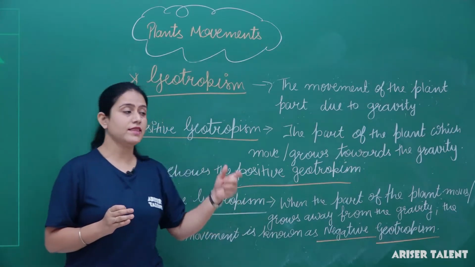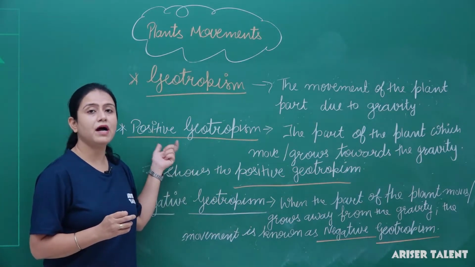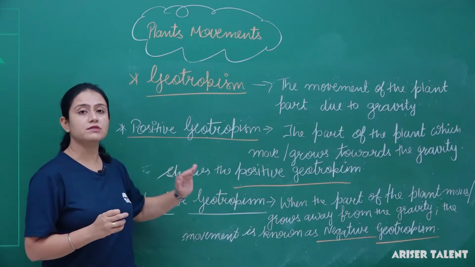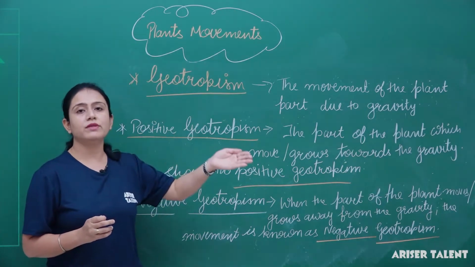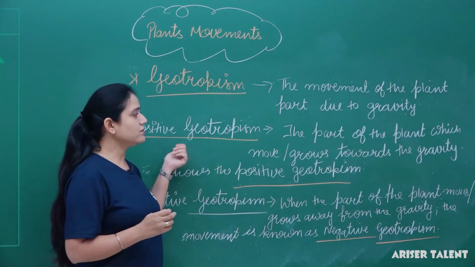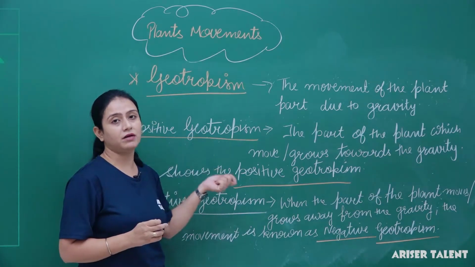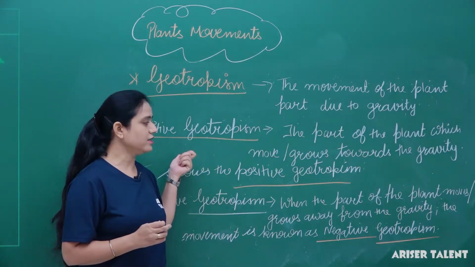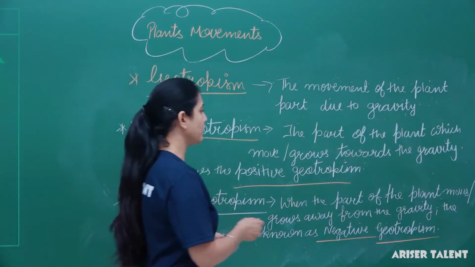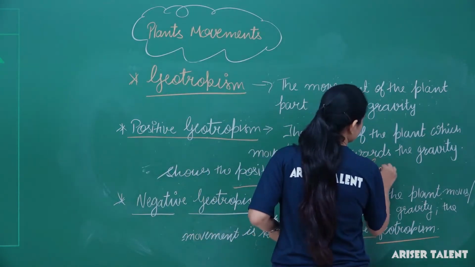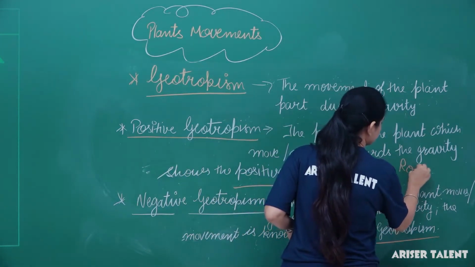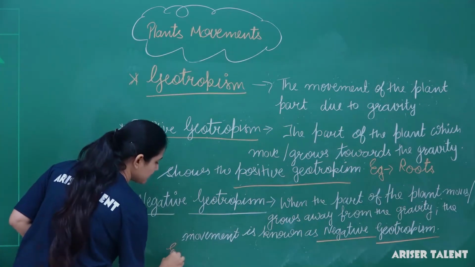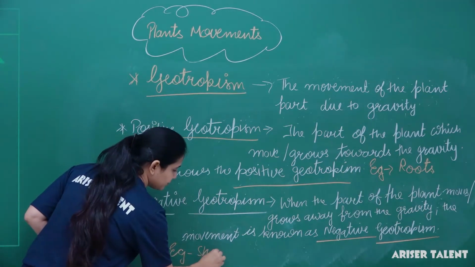Thus we can say that the shoot shows negative geotropism because it is growing away from the gravity, and positive geotropism means the part of the plant, the roots, grows towards the gravity. So examples of positive geotropism are roots, and of negative geotropism, shoots.